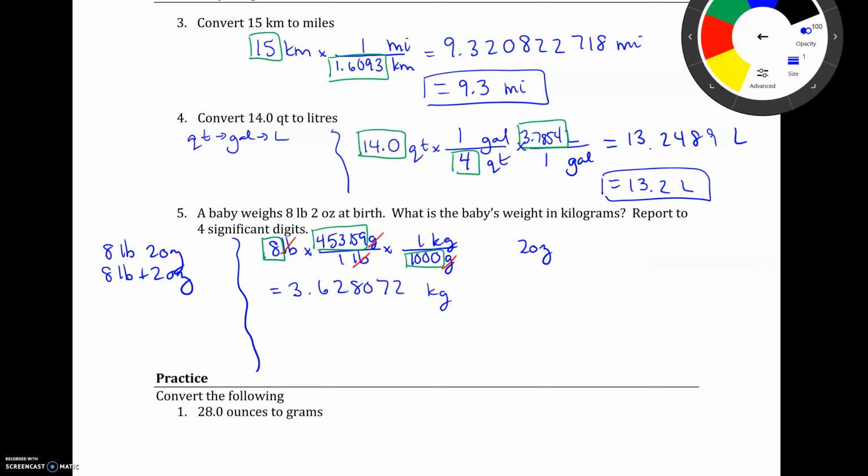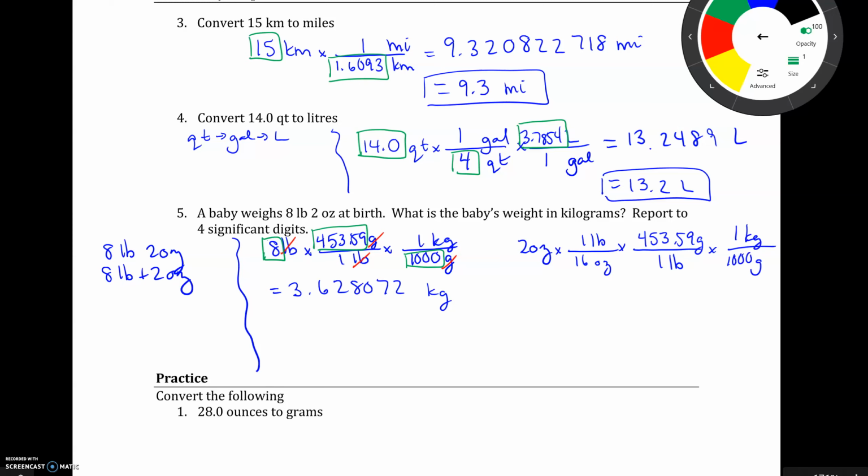Okay, let's convert the other part of this mass. We've got 2 ounces. They want to go from ounces to kilograms as well. We don't have a conversion factor that lets us go directly there, but we can go from ounces to pounds. We know there's 16 ounces in 1 pound, and then just as before, we can go from pounds to grams, and then we can go from grams to kilograms.